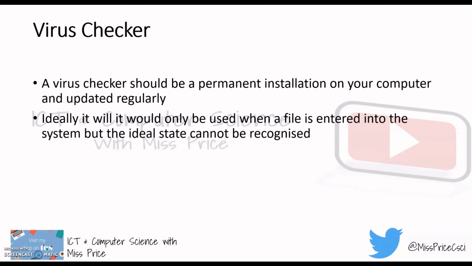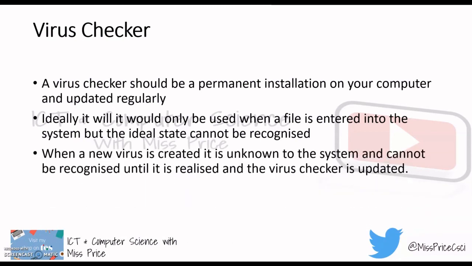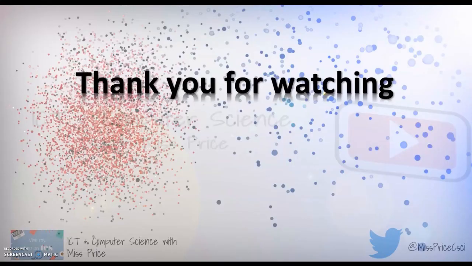But it would only be used when a file has entered the system. When a virus is created, it's unknown to the system and cannot be recognised, and it may be recognised when the virus checker is updated.